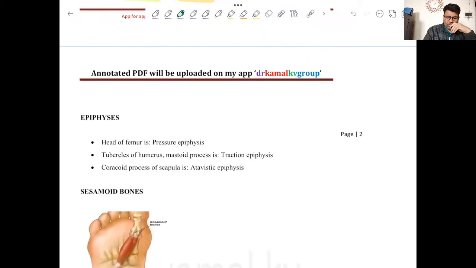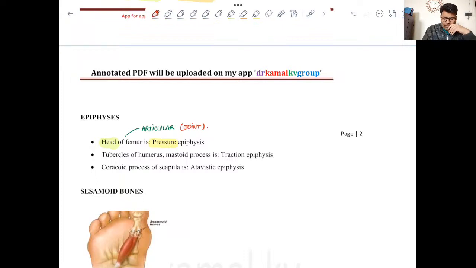Then moving forward to epiphysis, head of femur is under continuous pressure of body weight, so it is known as pressure epiphysis. And one more thing you can say, that these are articular. Articular means they participate in joint formation.